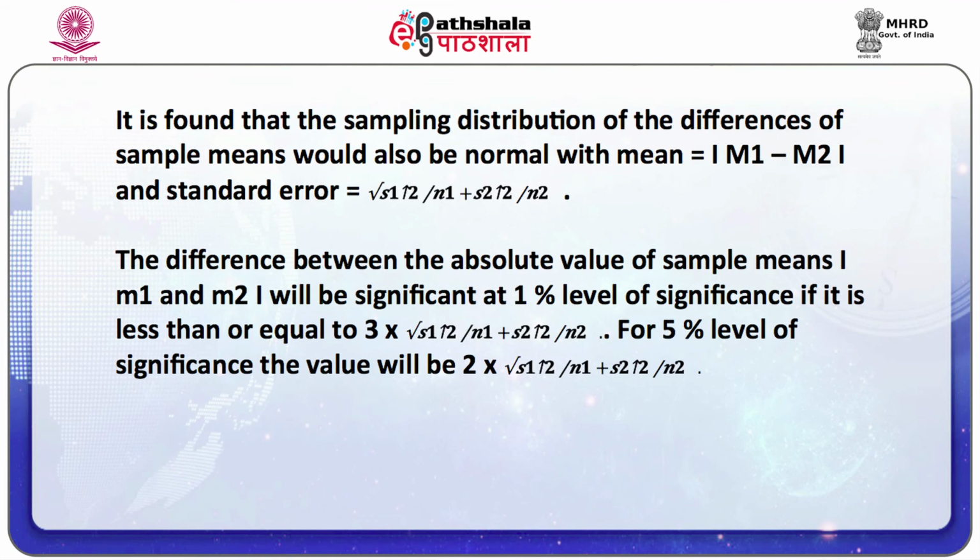It is found that the sampling distribution of the differences of sample means would also be normal, with mean equal to the absolute value of the difference of the two population means, M1 minus M2, and standard deviation, that is standard error, which is the standard deviation of the sample difference as given on the screen.